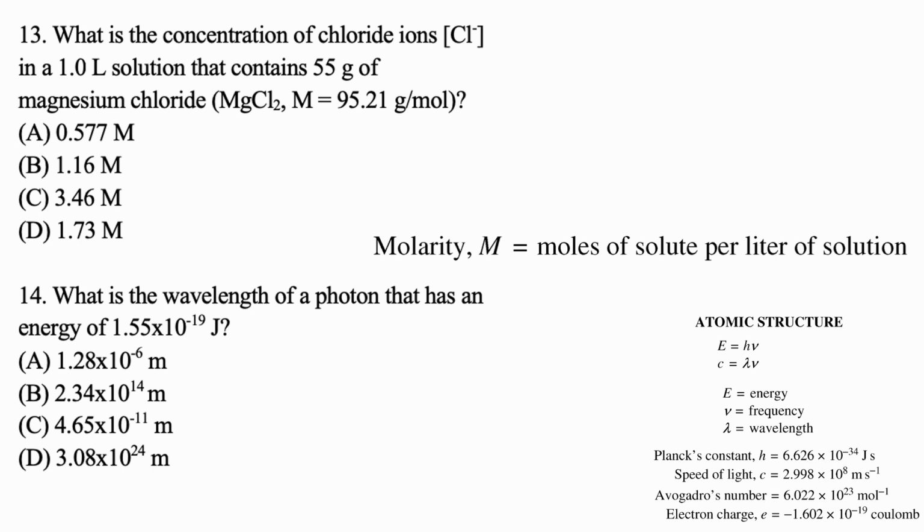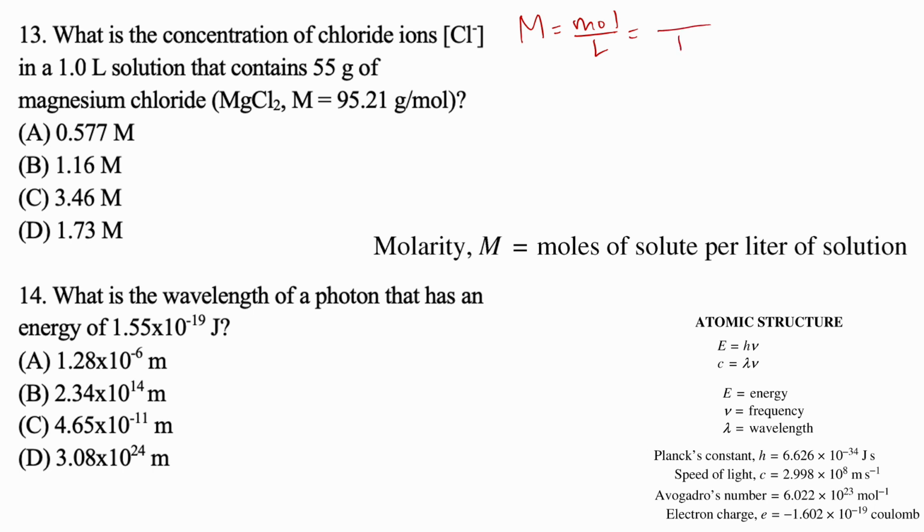13, what is the concentration of chloride ions in a 1 liter solution that contains 55 grams of magnesium chloride? So here we're looking at concentration, so we're looking at molarity. So in this question, we are given the grams and liters. We know that molarity is moles over liters. So we already have our liters, which is 1.